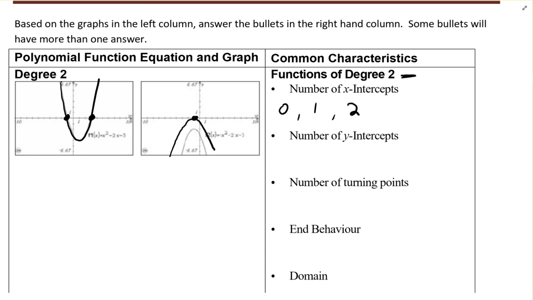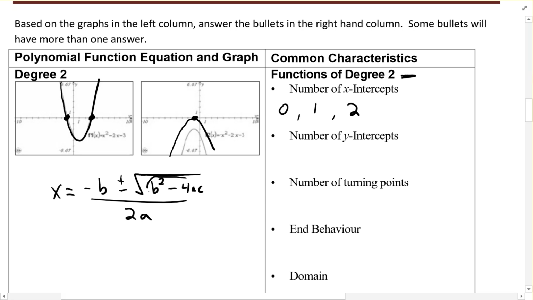Just as a little reminder, maybe you remember this from 20-1, the quadratic equation. We called this our discriminant value, b squared minus 4ac. If this is equal to 0, then you only get one answer, and that would be the situation where it touches once.